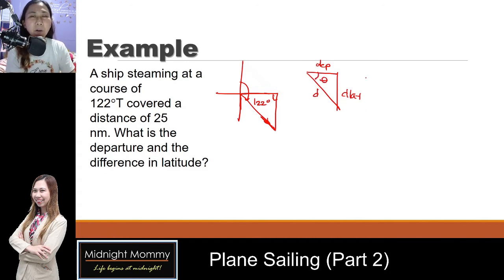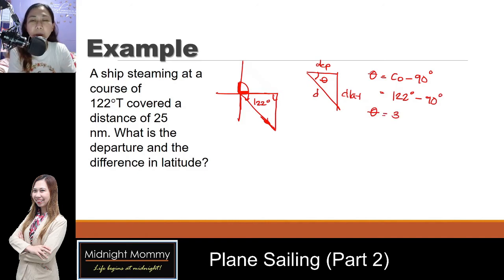Okay, so para ma-compute natin yung angle theta, so remember na itong angle na to is equal to 90 degrees. So, therefore, gagamitin natin is yung value ng course minus 90 degrees. So, pag sinubstitute natin to, meron tayong 122 degrees minus 90 degrees. So, ang value ng ating theta is 32 degrees.